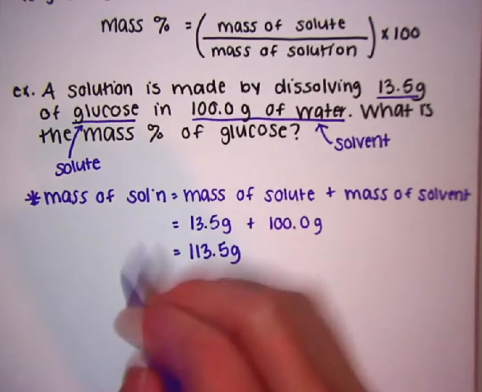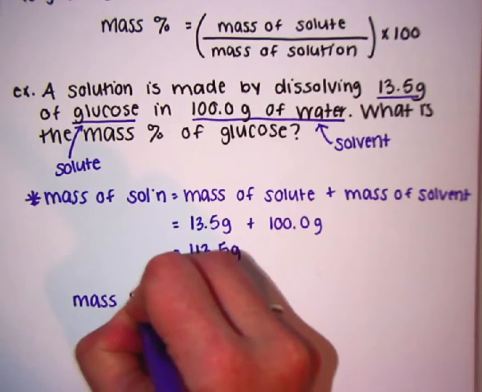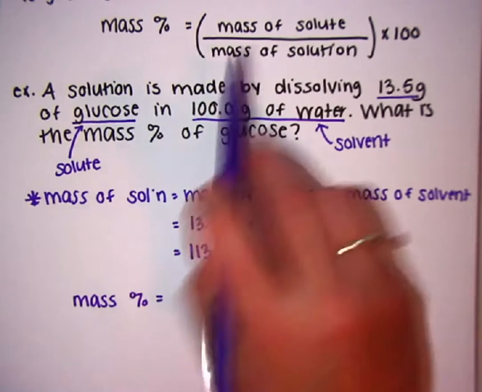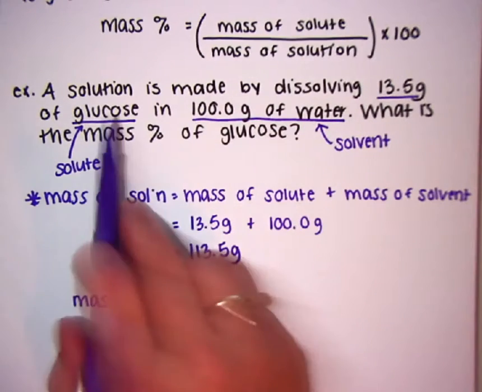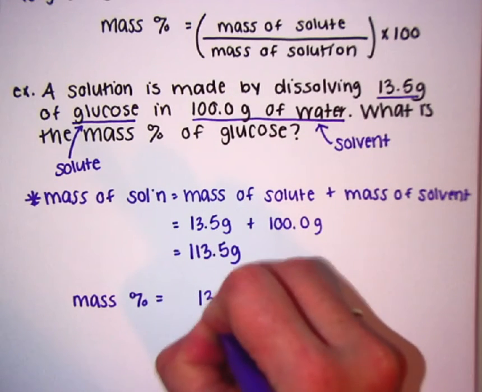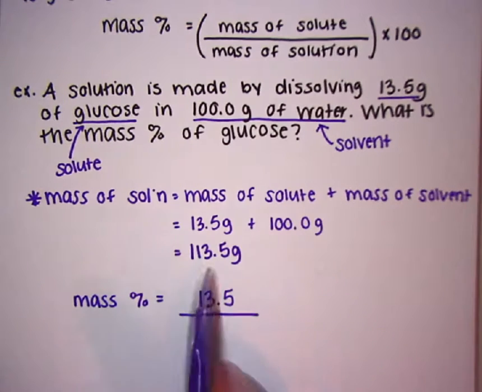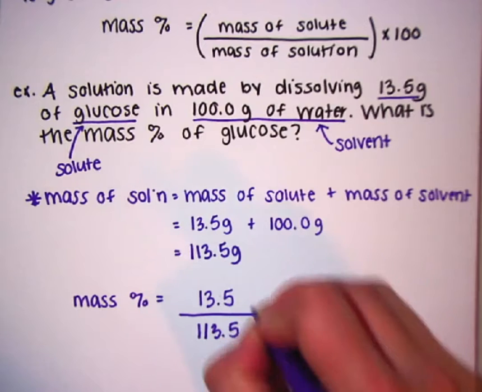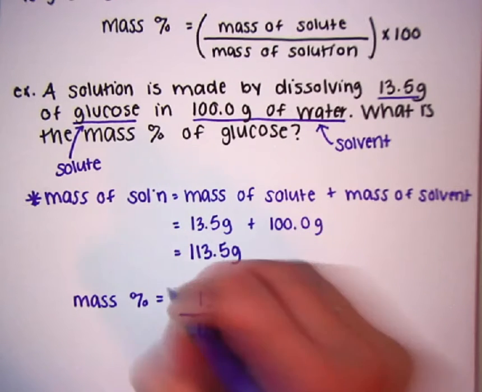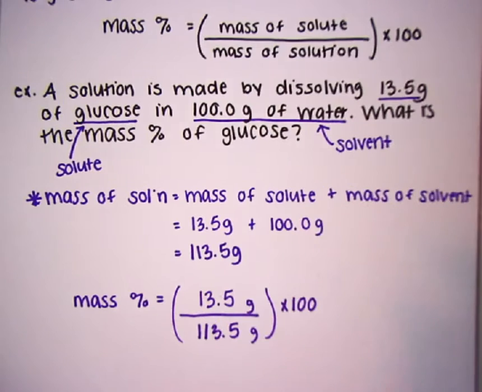Once we get here, it's just plug and chug. Mass percent is equal to the mass of the solute, which is my 13.5 grams of glucose, all over the mass of the solution. Grams divided by grams are going to cancel. And then multiply by 100.